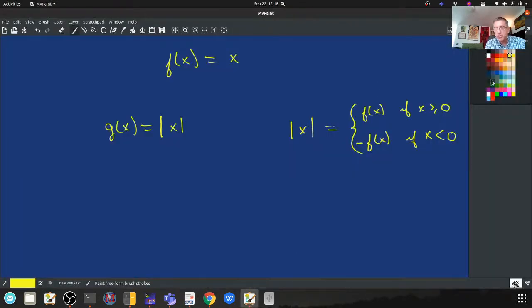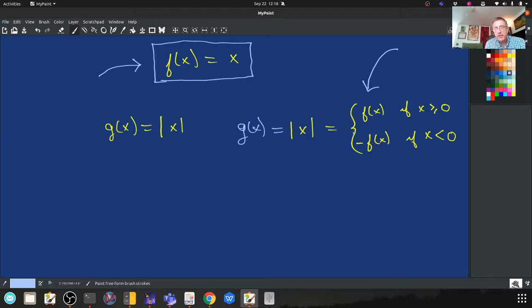But I wanted to use the fact that we actually now have the identity function f of x equals x. So once I told you that f of x is the identity function, this has to be stated, then I could define the absolute value function, g of x, and denote it that way. If it's confusing, just turn it off.